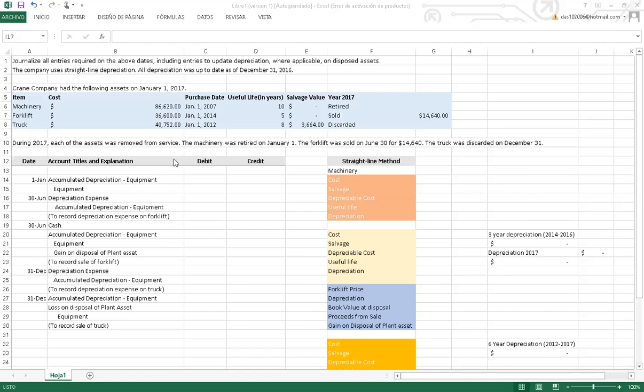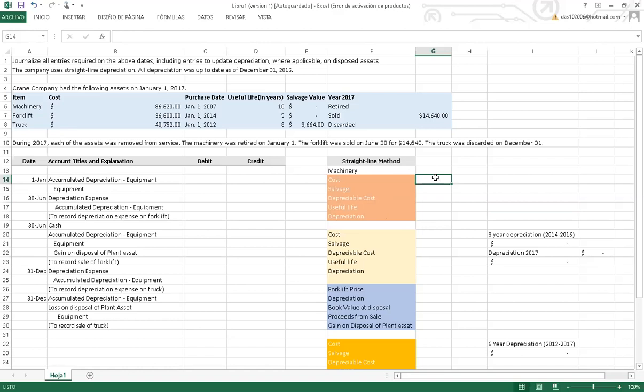So we're going to start calculating the depreciation of machinery. And this one is going to be really easy. I'm just going to go through the calculation of the straight line depreciation so that we can know how to calculate it.